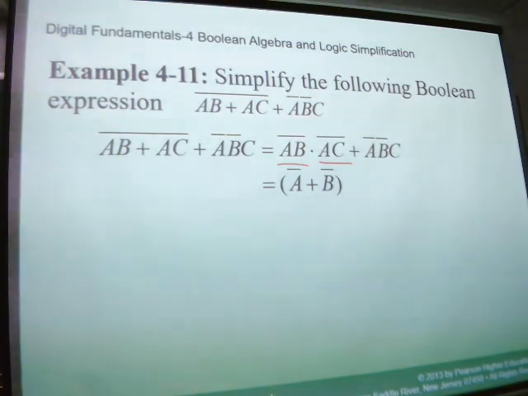Then AB bar equals A bar plus B bar, right? And AC bar equals A bar plus C bar.